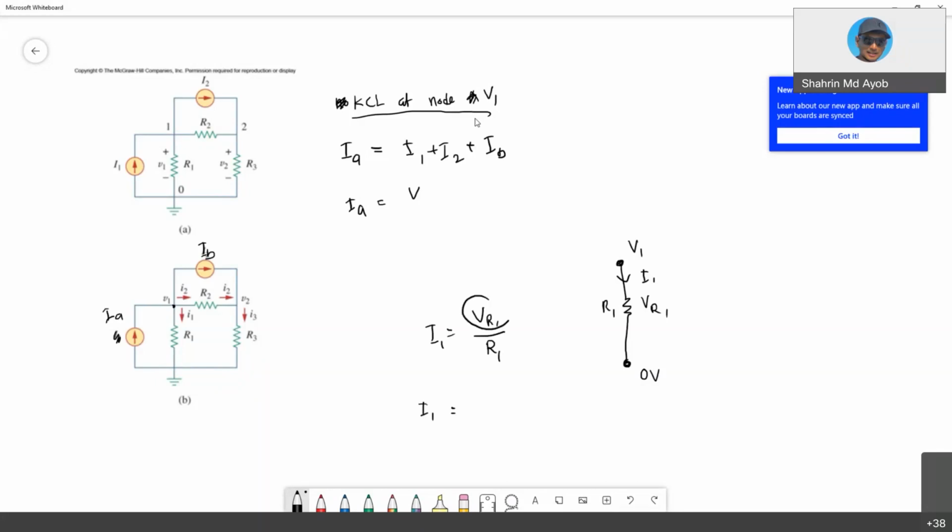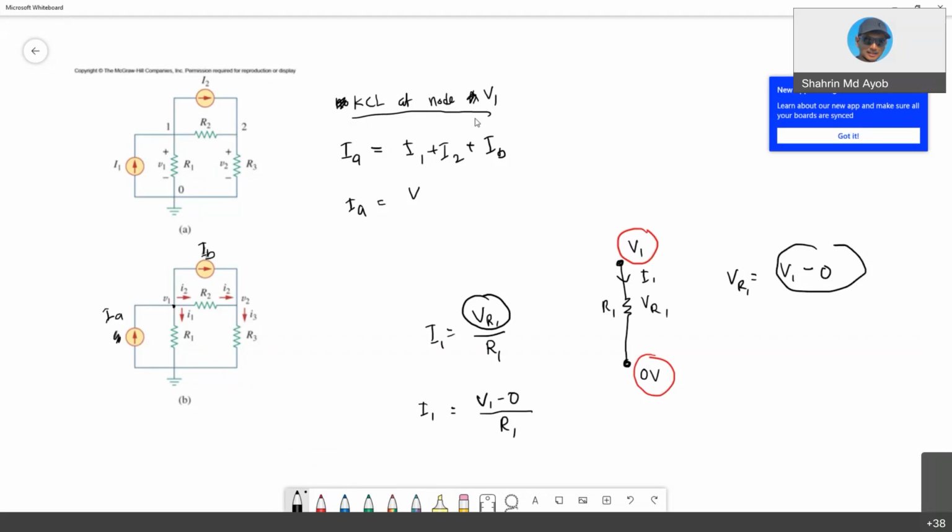We know that this voltage drop is the difference between this node and this node. So you can write VR1 as V1 minus 0 volt, and replace VR1 with V1 minus 0 over R1.